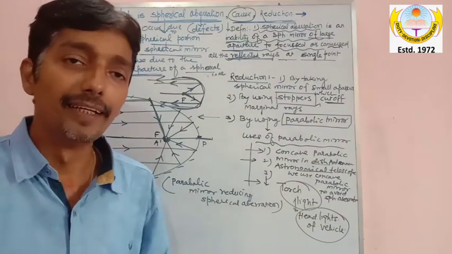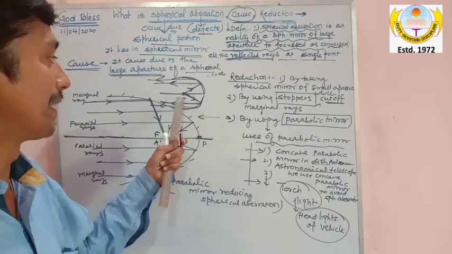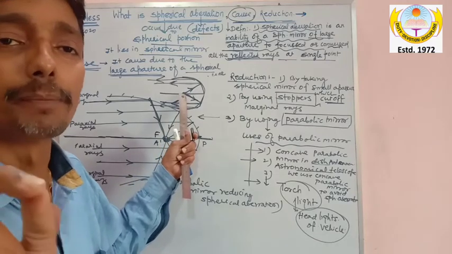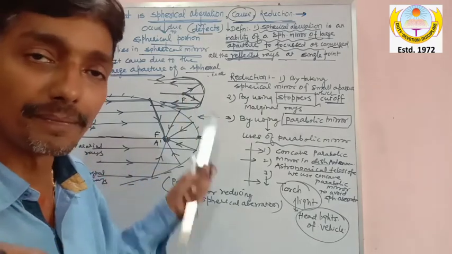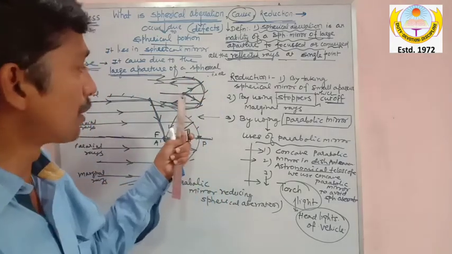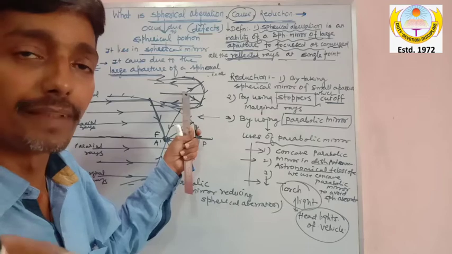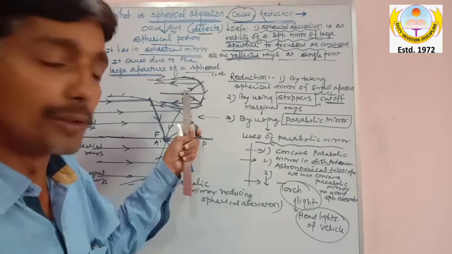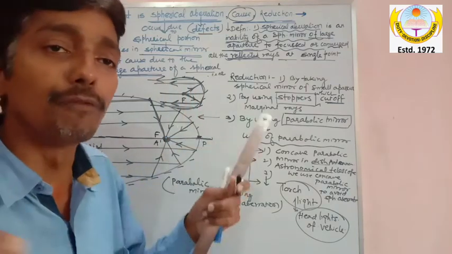Try to understand. So what I did, sir, we keep the source of light at the principal focus of the parabolic mirror, concave parabolic mirror, right? I keep the source of light at the principal focus of the concave parabolic mirror. According to the rule, after reflection they will move parallel.